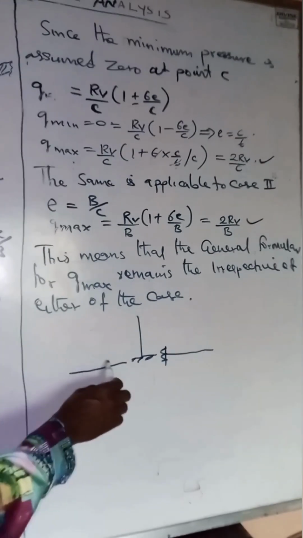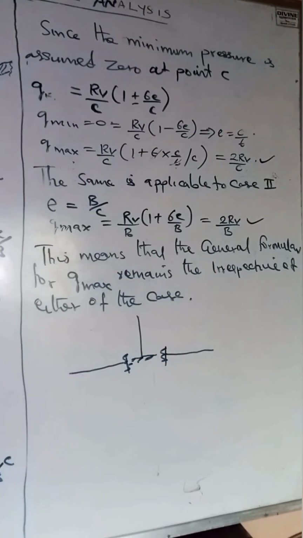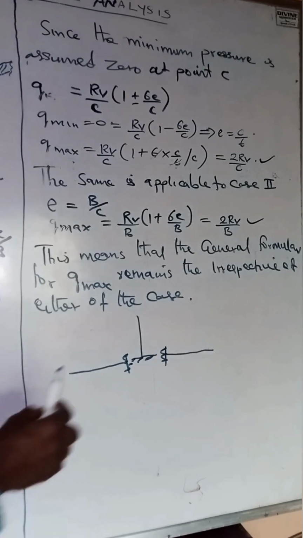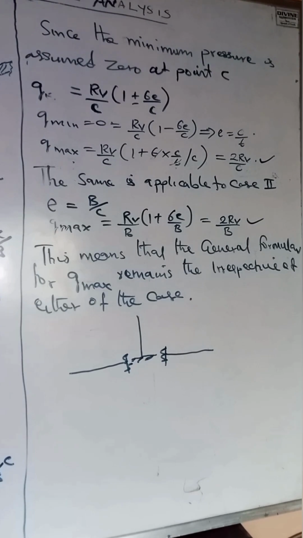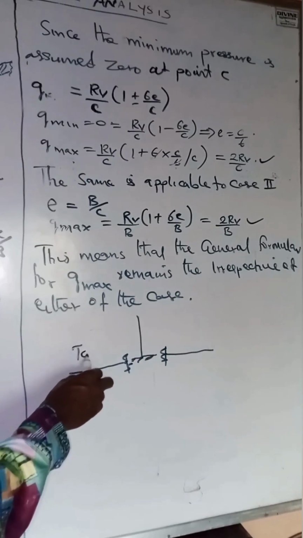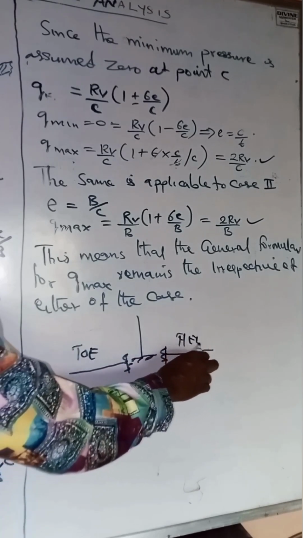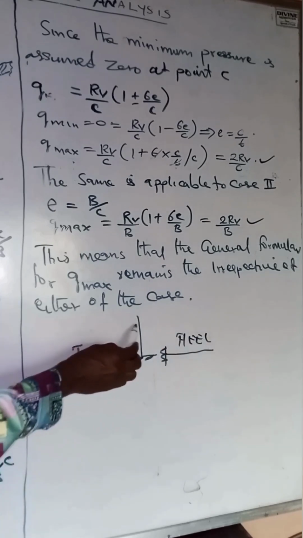On this portion we're going to have the toe. Okay, so we already know the pressures that are acting. Let's assume we have a case 1 scenario where we have, let's call this one first our toe. Let's call this one our heel, and let's call this our stem.